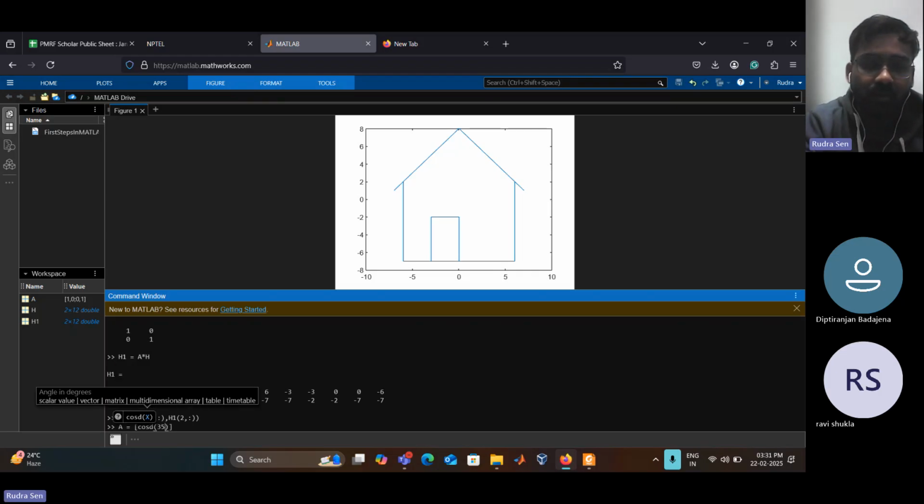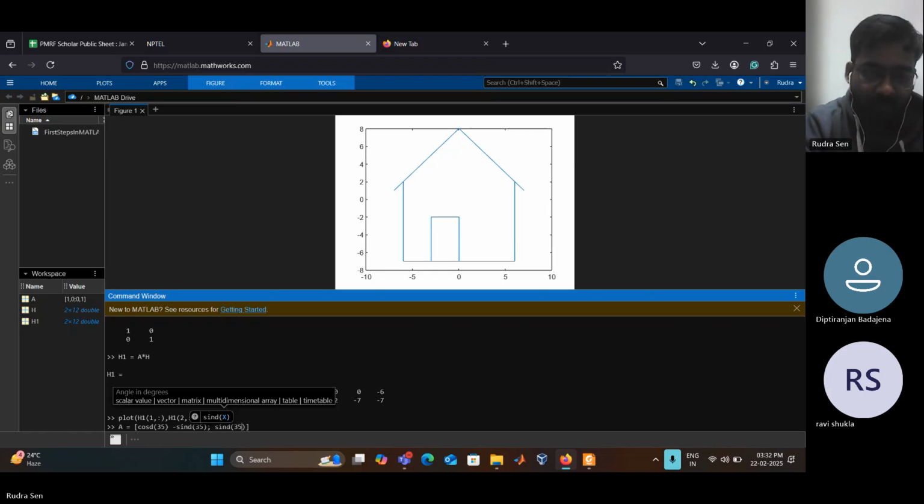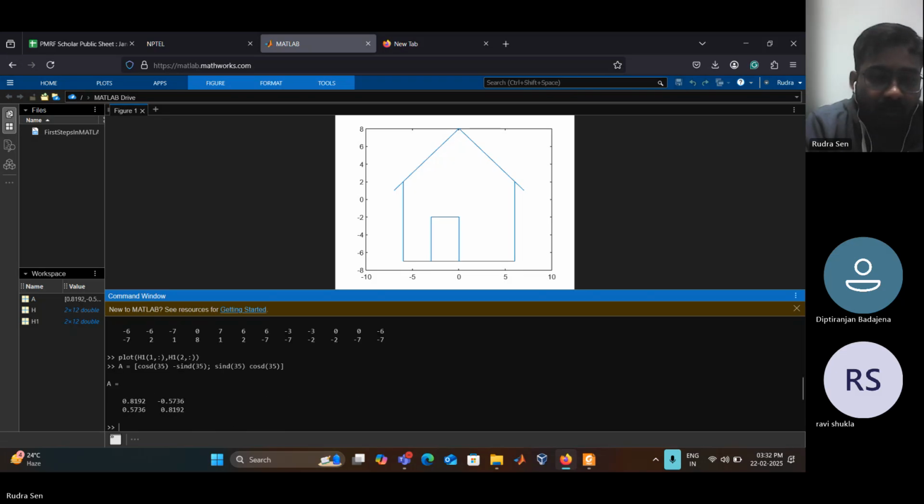So let's say I want to shift 35 degrees. This becomes my rotation matrix.